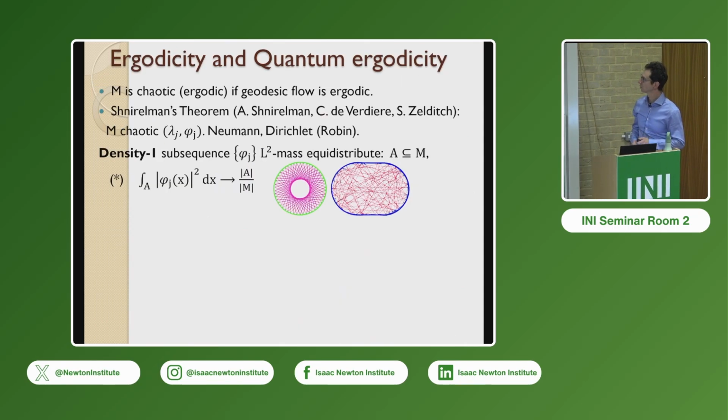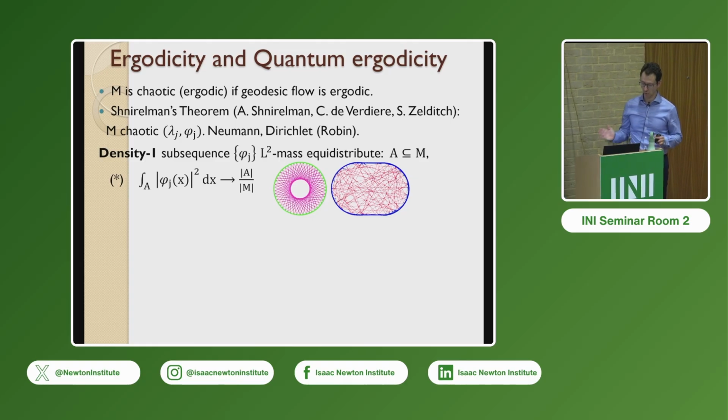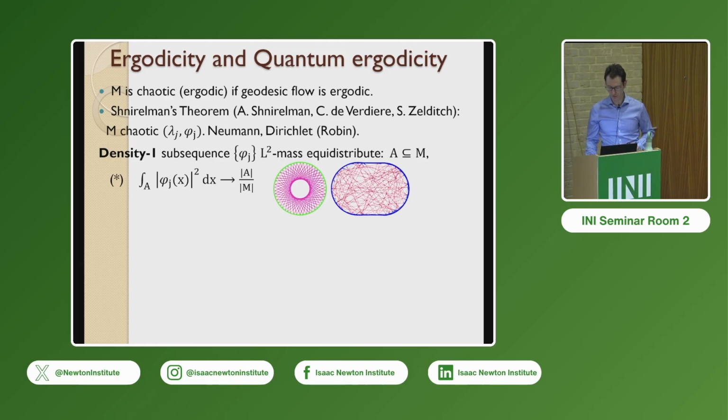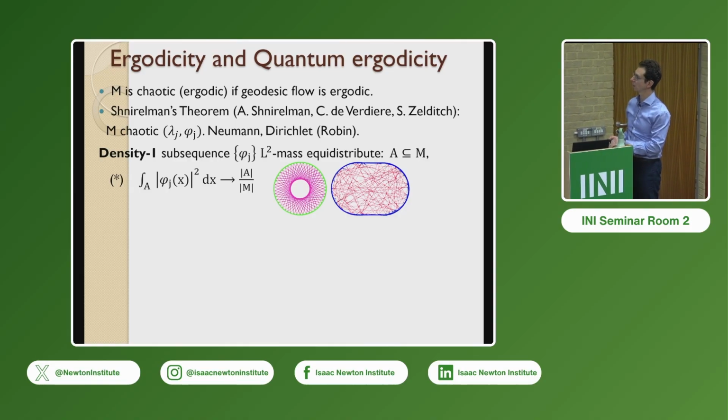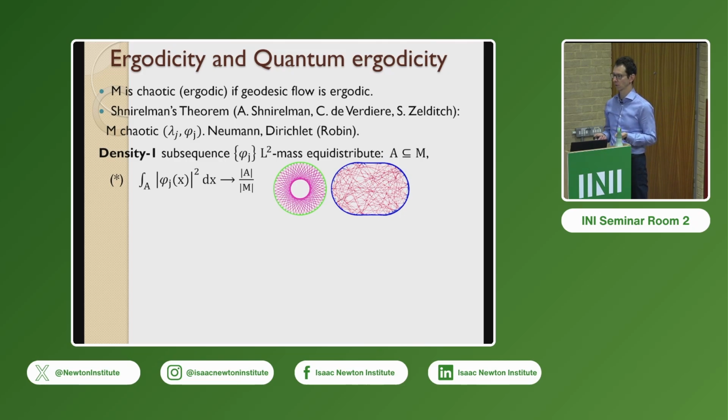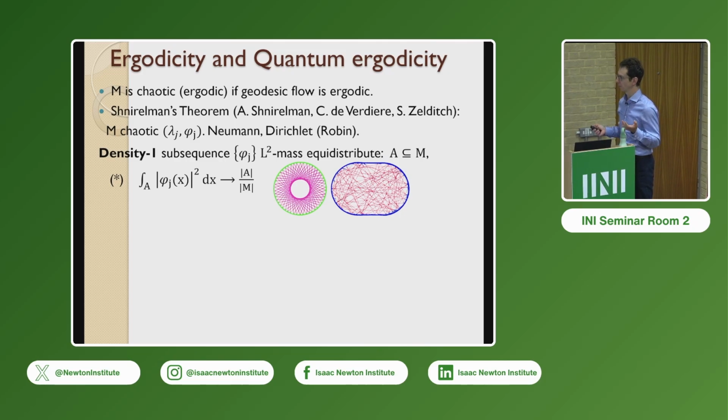Okay, so now I would like to discuss and state some of the main results. But first, let me state something that everybody here knows much better than I do: ergodicity and quantum ergodicity. So M, the billiard, is chaotic if the corresponding geodesic flow is ergodic. Sometimes it's called a chaotic manifold or billiard, and sometimes an ergodic billiard or manifold.